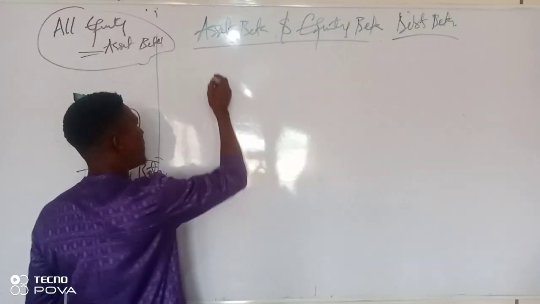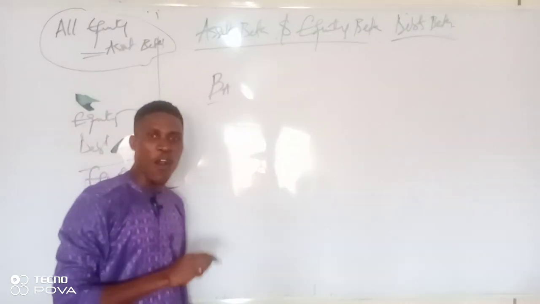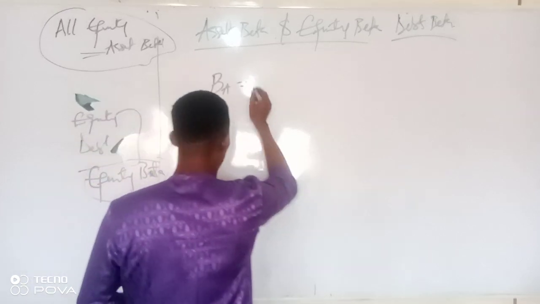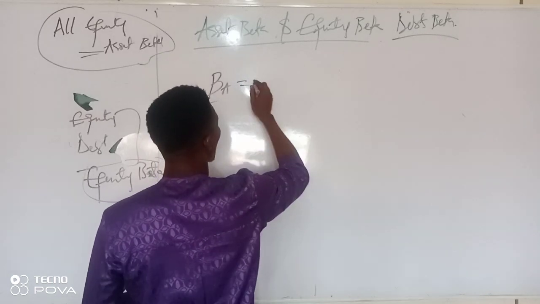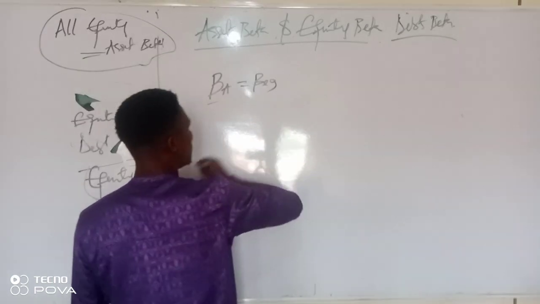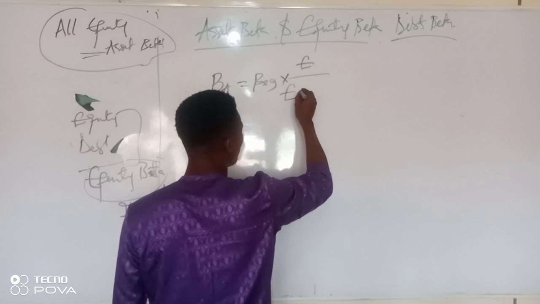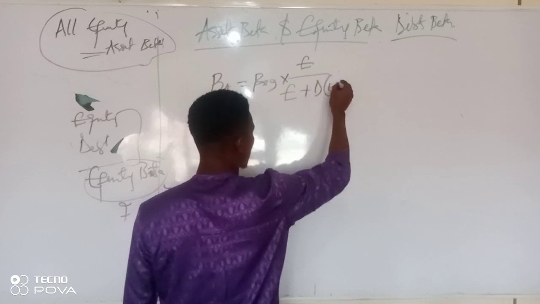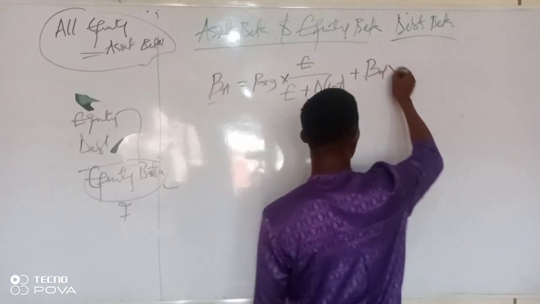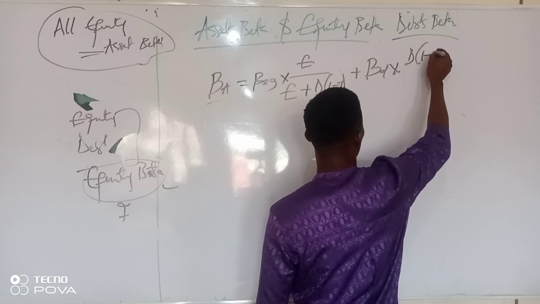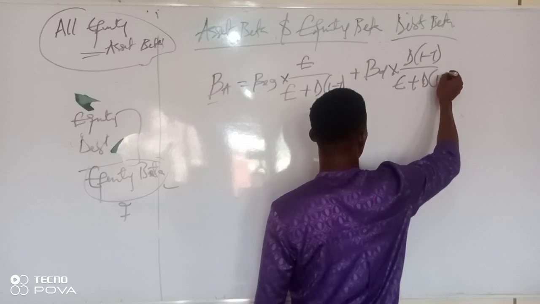Now, the beta assets, which you find as what? Beta equity of a geared company is always equal to... sorry, it's always equal to beta equity of a geared company multiplied by the value of equity over value of equity plus debt post tax, plus the beta of debt multiplied by debt (1 minus tax) over equity plus debt post tax.